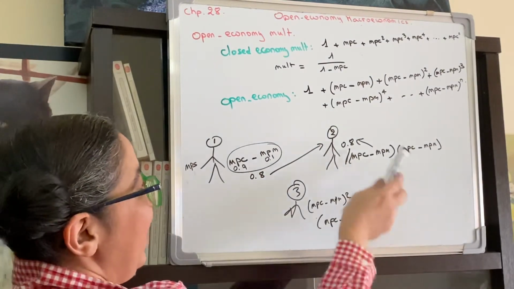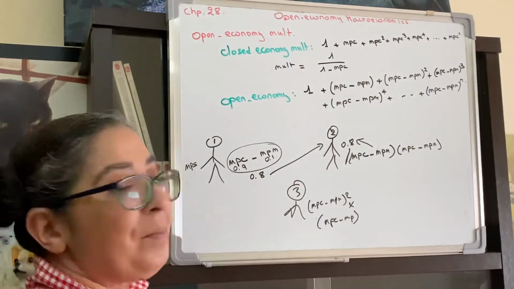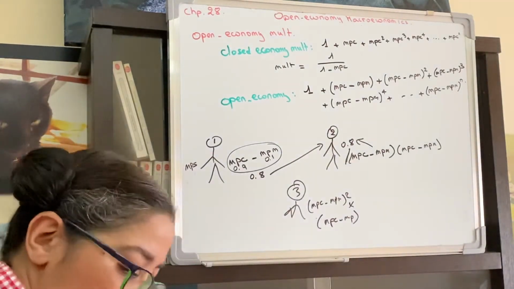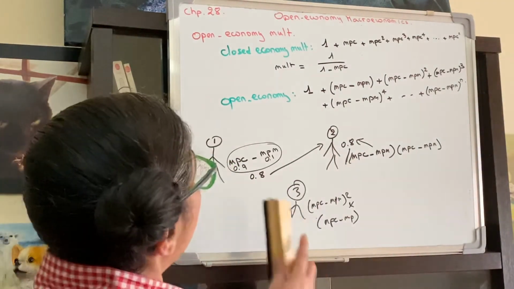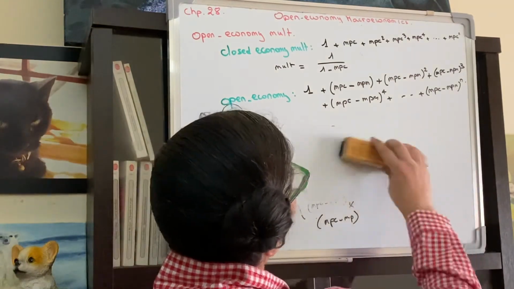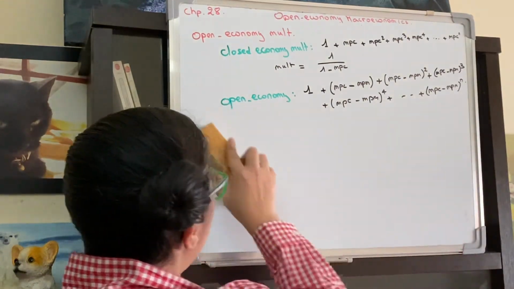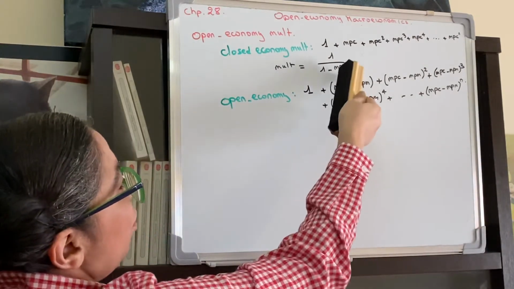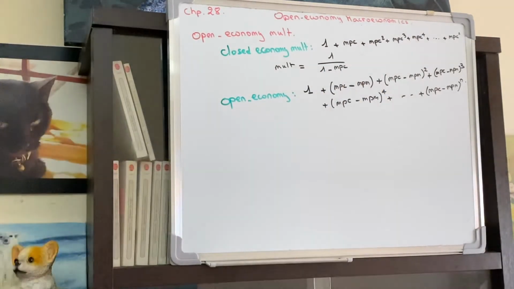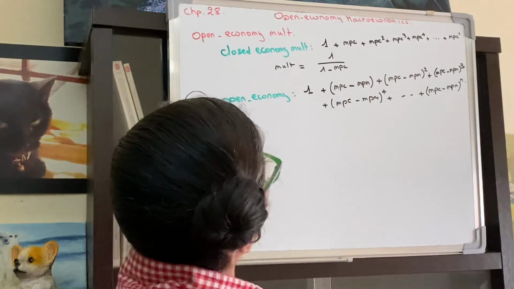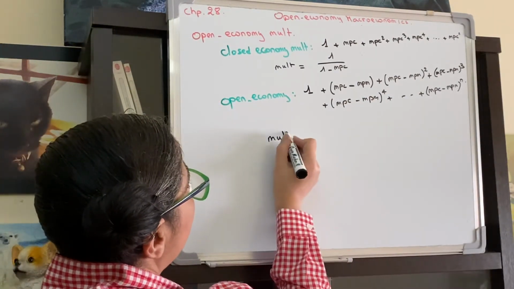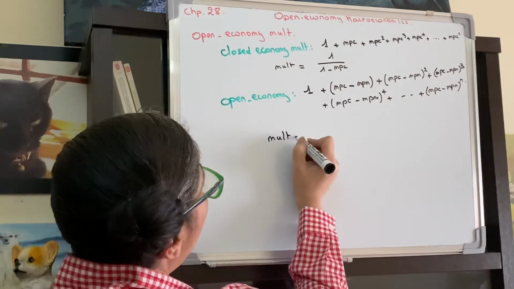Now I'm gonna delete these little ones. Okay? So without expanding it as I did last time, this time I'm gonna go follow here. So my multiplier would be, I'm going directly to the result.